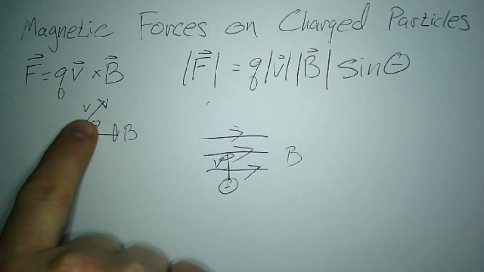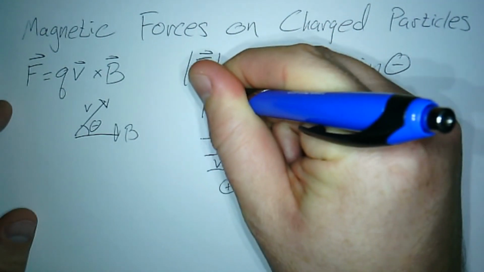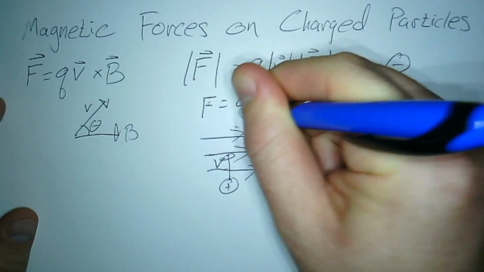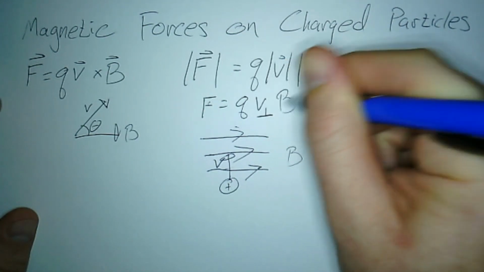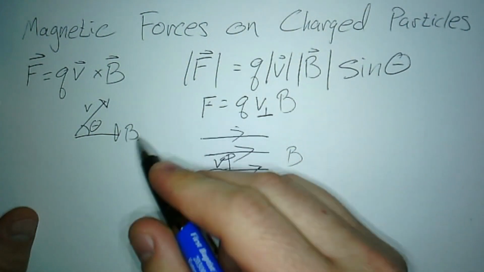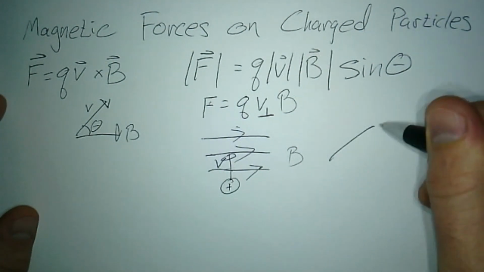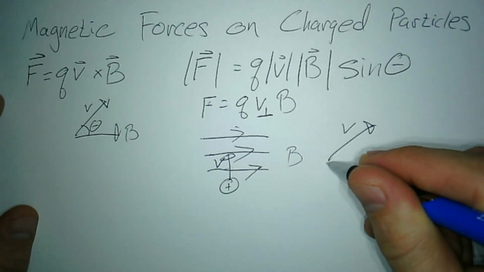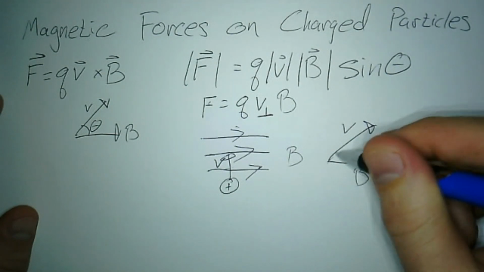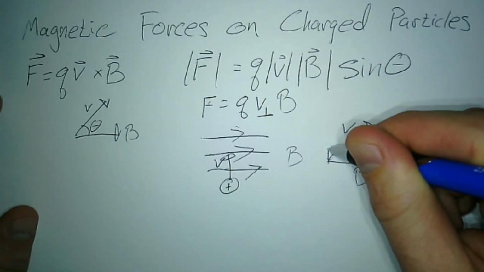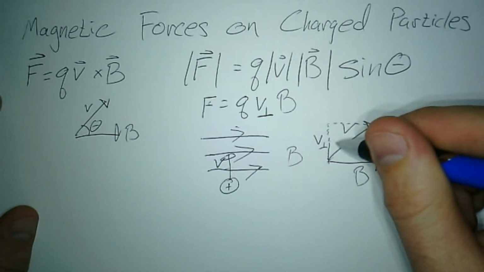Another way of looking at cross products is the force equals the charge times the velocity that is perpendicular to the magnetic field. So what we're saying here is we're finding the component that's perpendicular. If we have that example we had earlier, your velocity is this way, your magnetic field is this way, right? The component of my velocity that's perpendicular to my magnetic field would be this side.